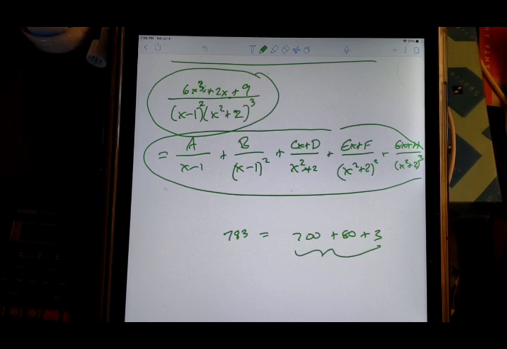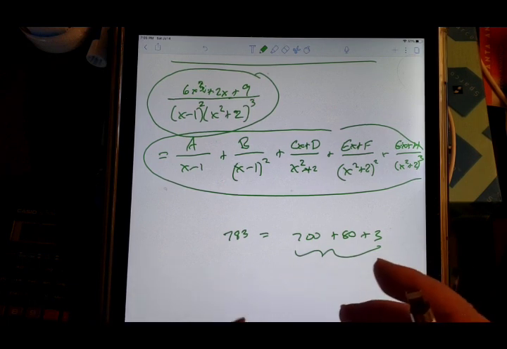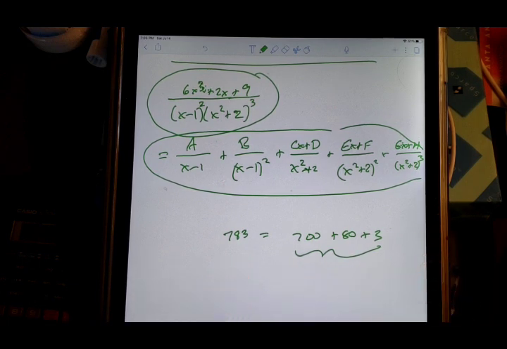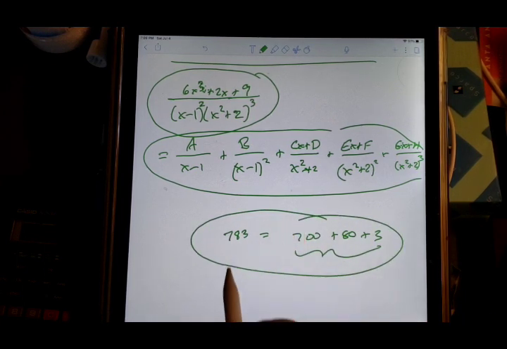It's taking something and writing it as a question where we're adding things with certain properties. I mean, this is also equal to 782 plus 1, but we're not looking for that property, at least not when you're doing this as a child. You're looking for the place values.